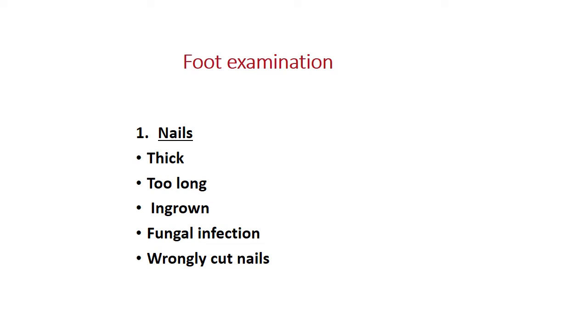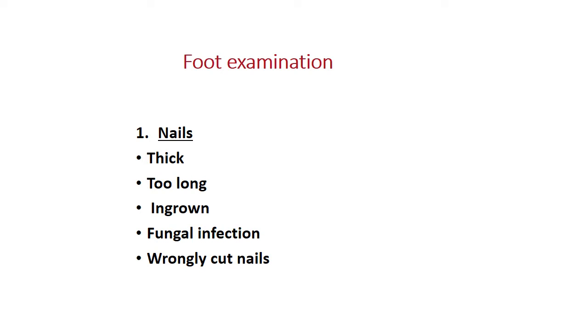Examining the nail, we should know that there is no such thing as a trivial lesion in a diabetic patient. In examination of the nail for other diseases, we can think about the color of the nail, clubbing of the nail, and other categories.